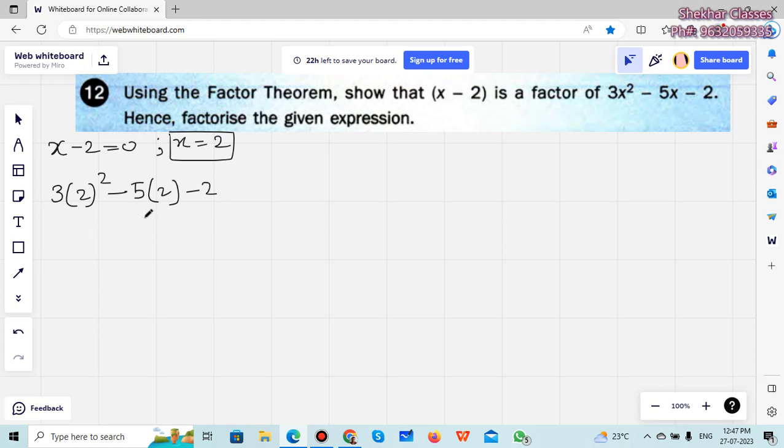Let's see, if we get 0, then it is a factor, right? So 3 into 4 minus 5 into 2 minus 2.